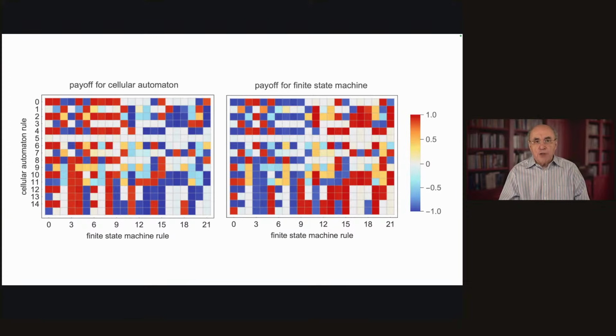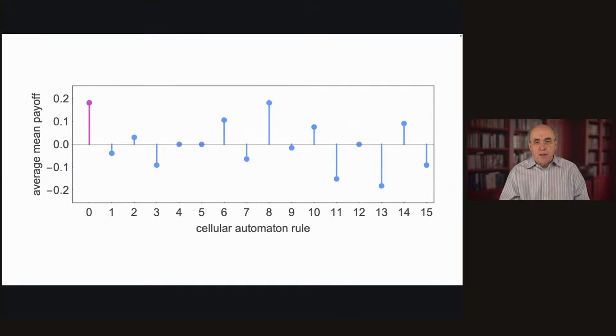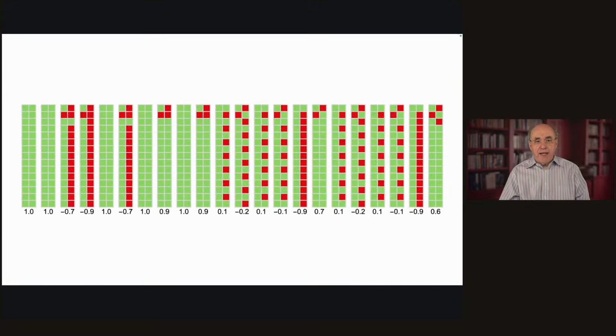So averaging over all finite state machines, the mean payoffs for the possible cellular automata are these ones here. So rather boringly, the winning cellular automaton is rule 0, which just generates a green in response to whatever any finite state machine does. So it's just green, green, green all the way down. So this yields an average mean payoff of only plus 0.18.